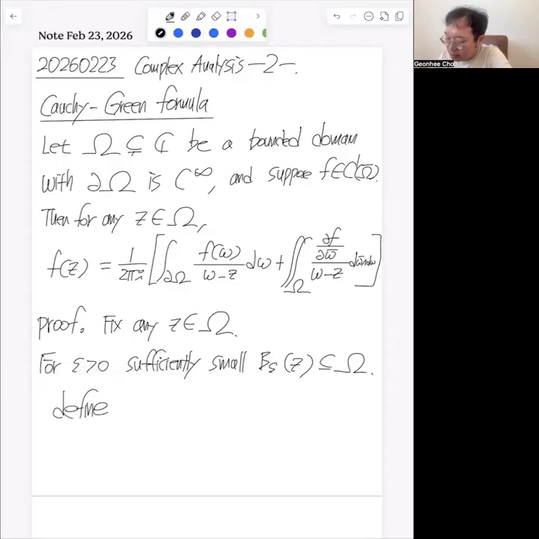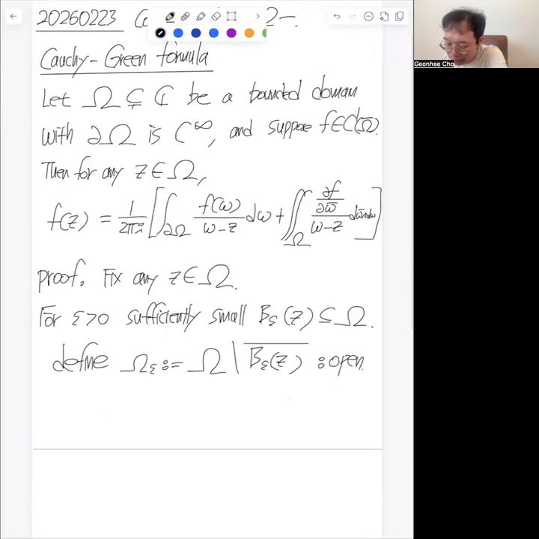So we just look at the complement of this ball. And because we'd like to make this complement open as well, we also delete all limit points of this small ball. Let's call this omega sub epsilon, which is clearly open because we take the complement of the closed set inside the open set.